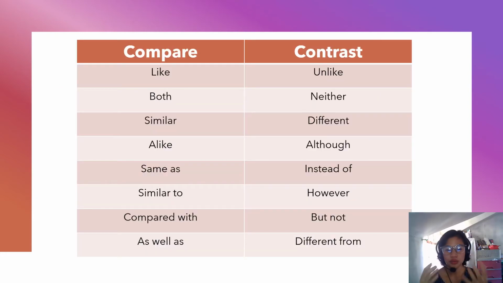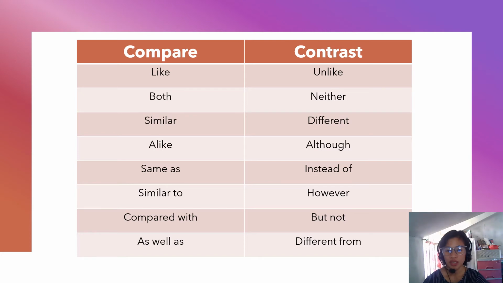These are the following words that you can use to compare and contrast in the text structure. These words can guide you to show a compare and contrast in your text structure. To compare, you can use like, both, similar, alike, same as, similar to, compared with, as well as.